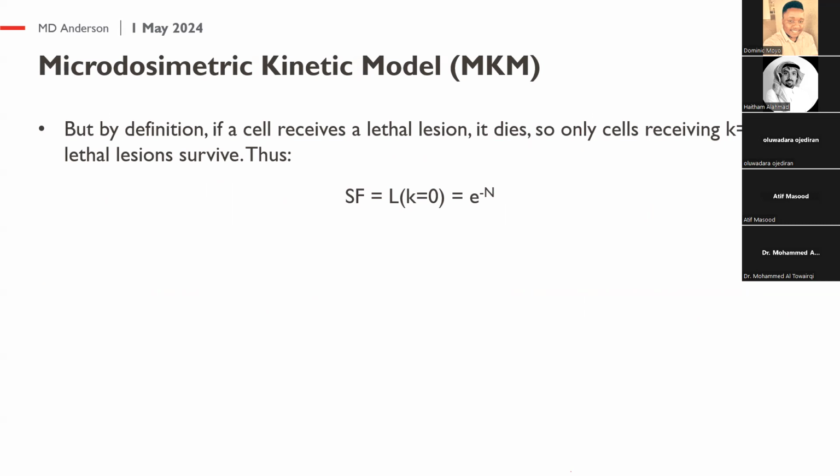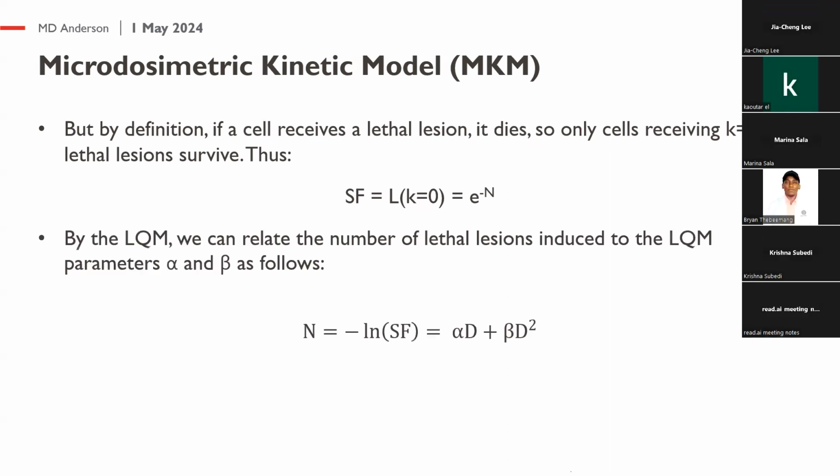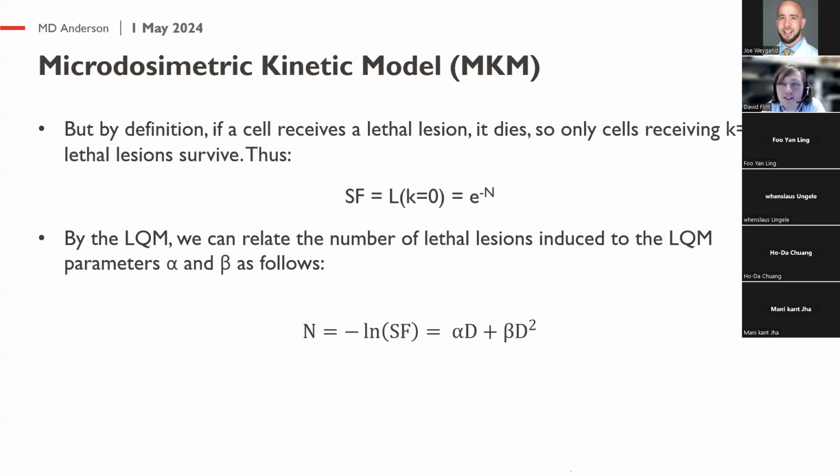And so the surviving fraction of cells should depend on N like this, where you're looking at the proportion of cells that have received precisely 0 lethal lesions. We can then relate this to the linear quadratic model because we now have a relationship between lethal lesions and surviving fraction. And so you get a relationship like this, where you can relate the expected number of lethal lesions that ions induce to the alpha and beta parameters that we perhaps know because there are reference parameters for a given cell line.